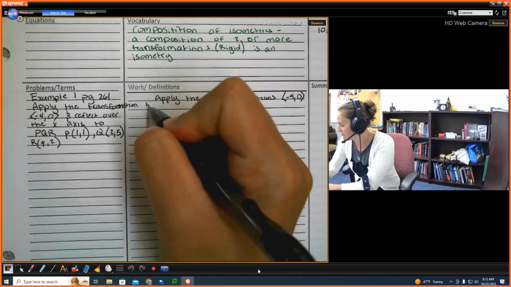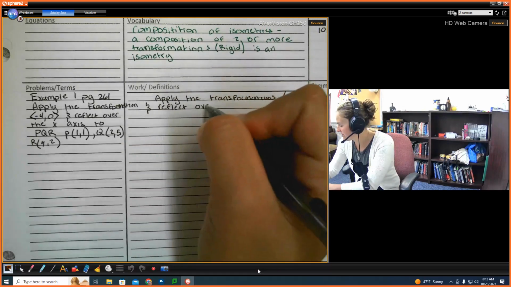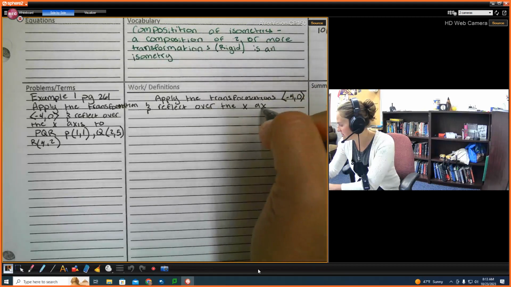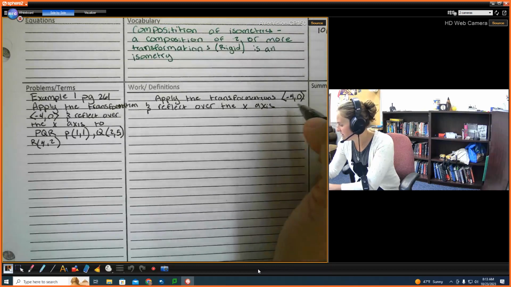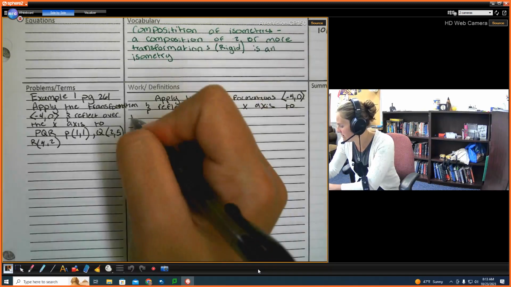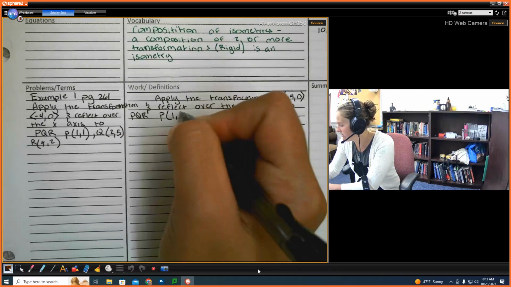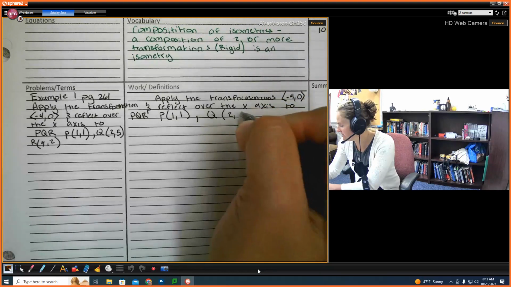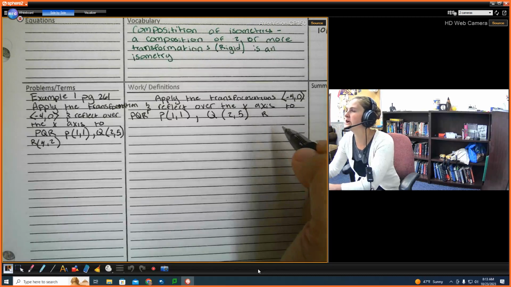And we are reflecting over the x-axis to PQR, where P is 1, 1, Q is 2, 5, and R is 4, 2.